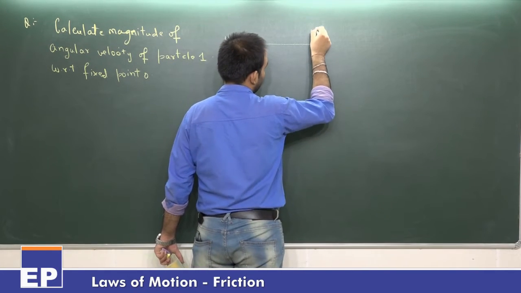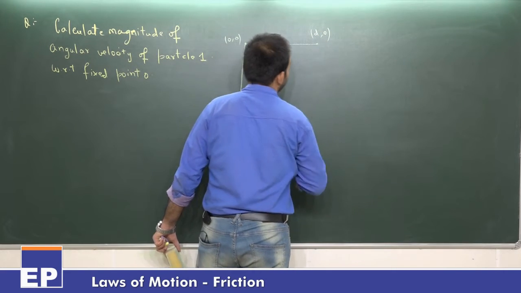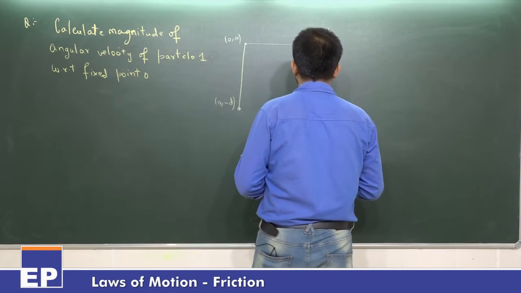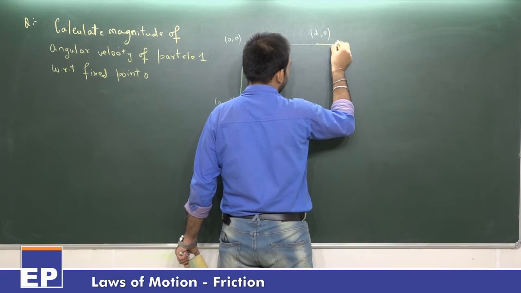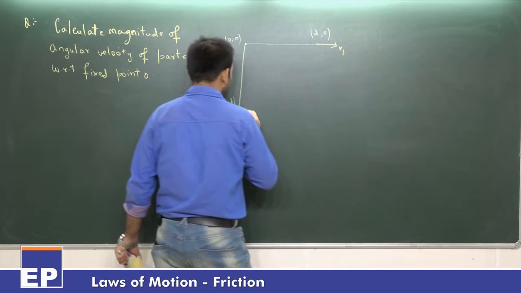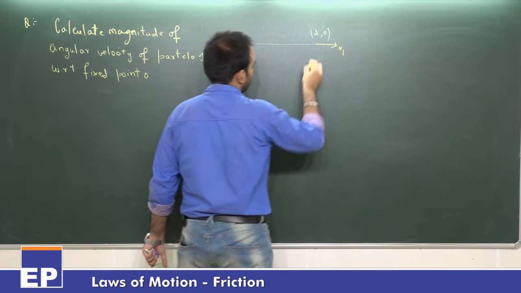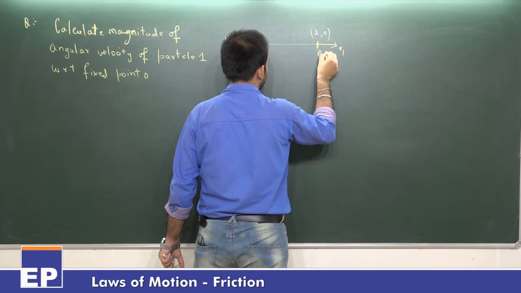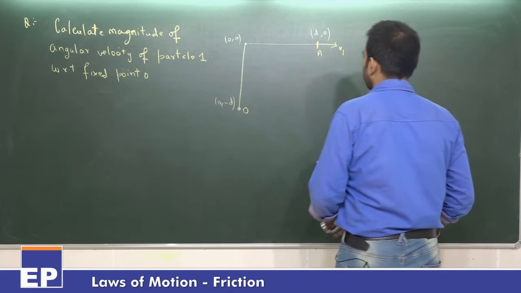And this is d, 0. And it is moving in this direction with V1. This is fixed point O, and this is A. So we have to calculate its angular velocity.